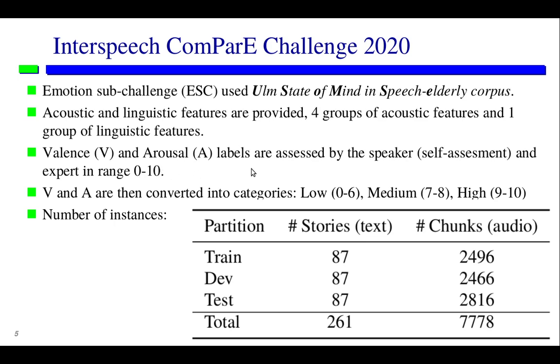But the organizer converted these numerical values to categories. There are three categories: low, medium, and high. Low is from 0 to 6, medium is 7 and 8, and finally high is 9 to 10.